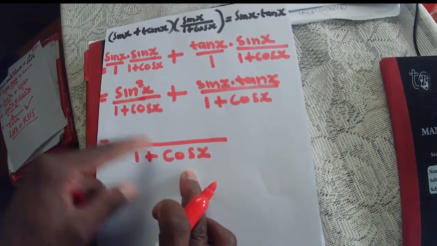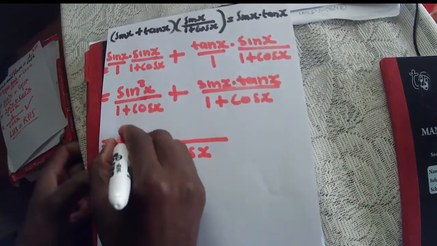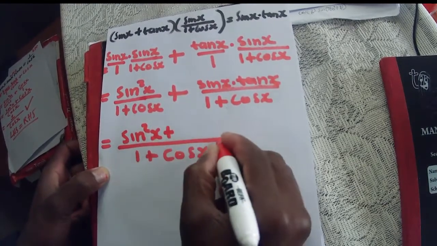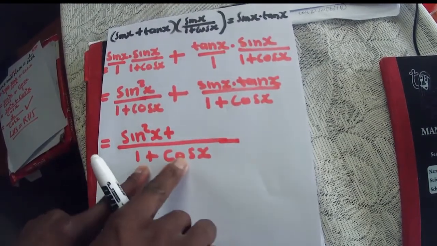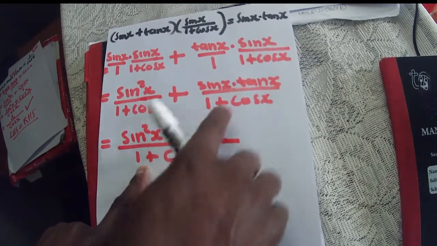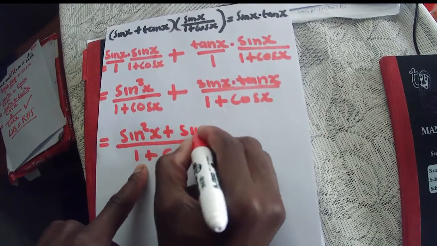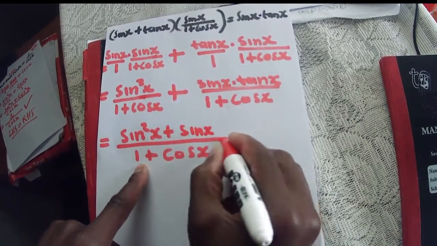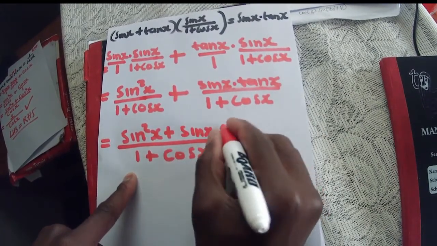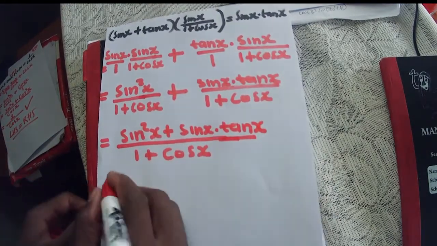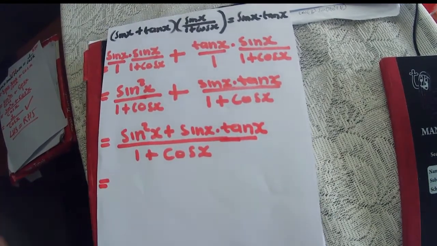And then 1 multiplied by the numerator, the numerator doesn't change. Plus. Let's repeat the process here. This divided by that is 1 times that, it doesn't change. So we have sine of x multiplied by the tan of x. So just be careful, guys, and let it be clean.